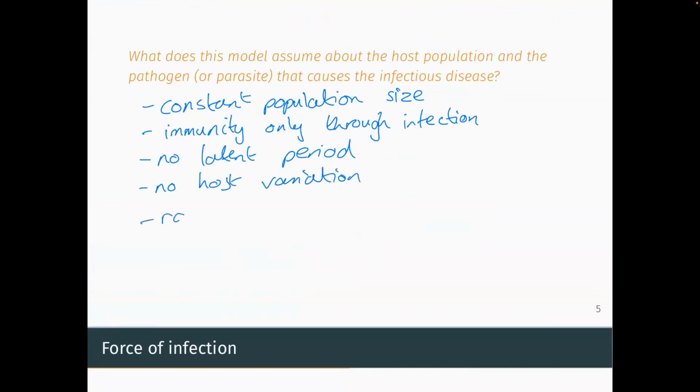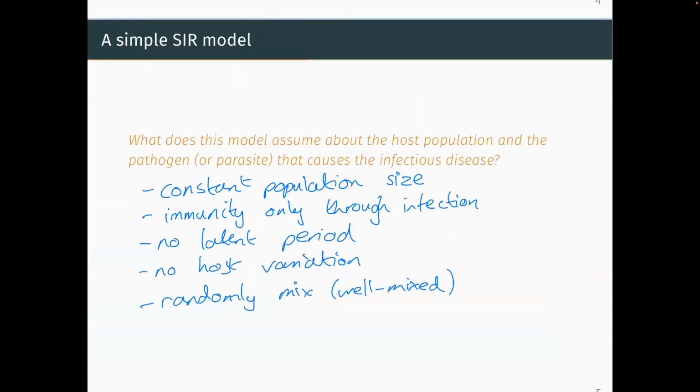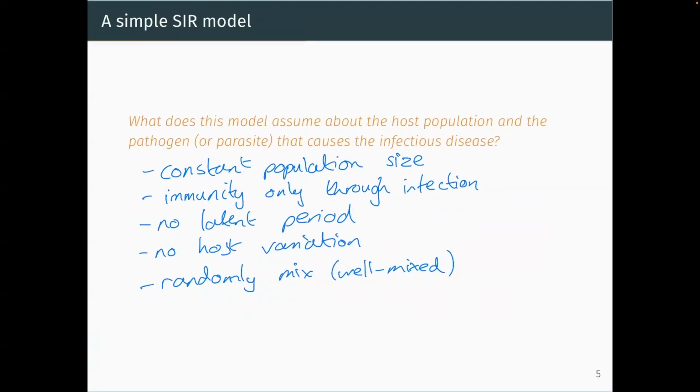And also we say that they're randomly mixing. Sometimes you'll see this as well mixed. That basically means that the population is moving around, everyone's interacting with each other enough that you can treat them as being like gas particles in some container.